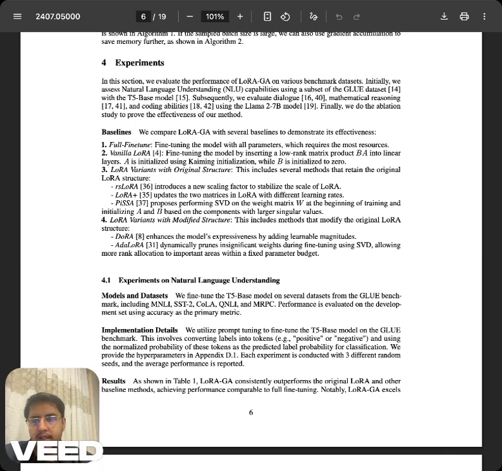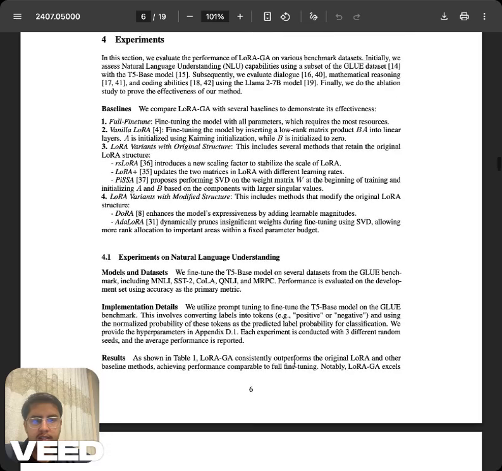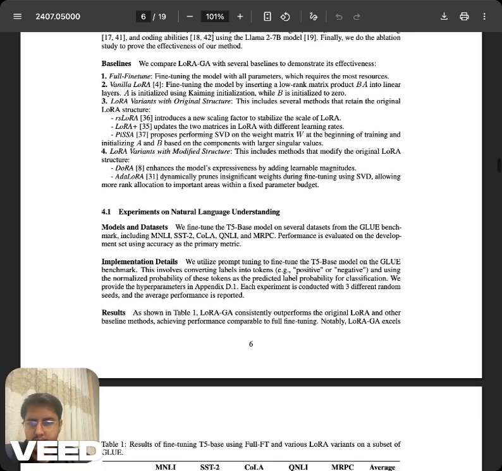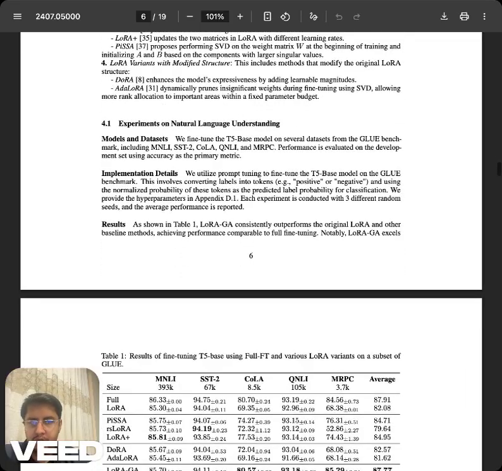For starters, I can see that they've started testing with natural language understanding, which is the NLU part. The first experiment that they've done is on T5-base on a subset of the GLUE benchmark.